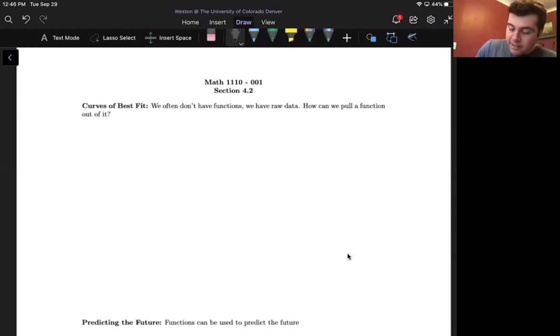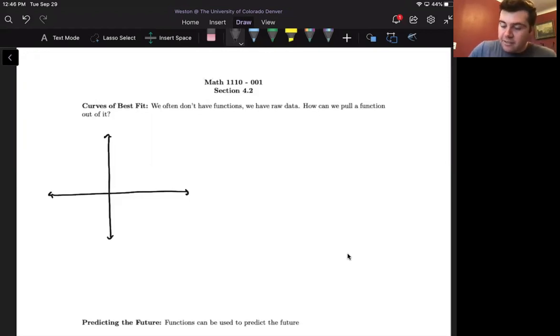So you might be presented with a scatter plot. And the data might exhibit some sort of relationship. So you might find that the data looks something like this.